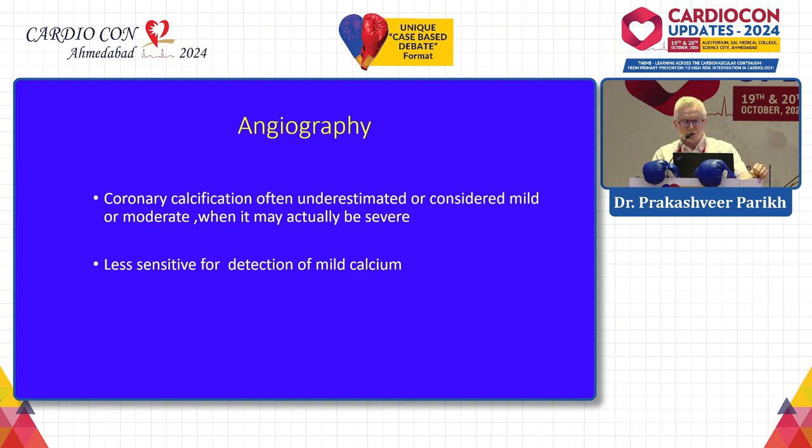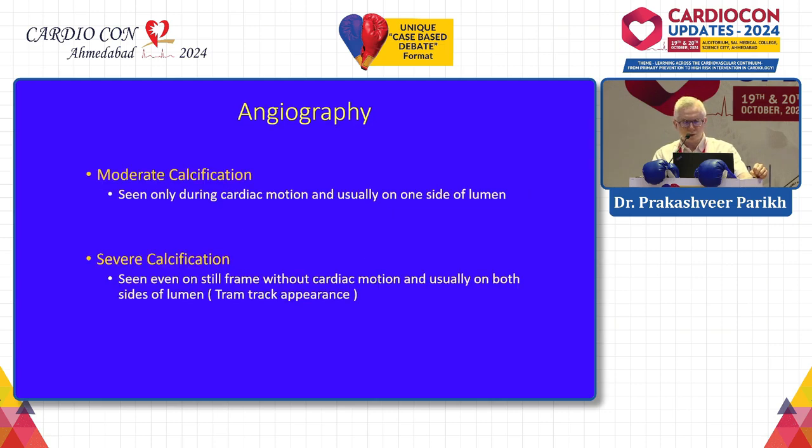So it is a less sensitive tool to detect the degree of calcium. The moderate calcium typically is seen during the cardiac motion only, usually only on one side of the lumen during angiography. While the severe calcification will be seen even on the still frame without cardiac motion, usually on both sides of the lumen, so it is typically called tram tracks.